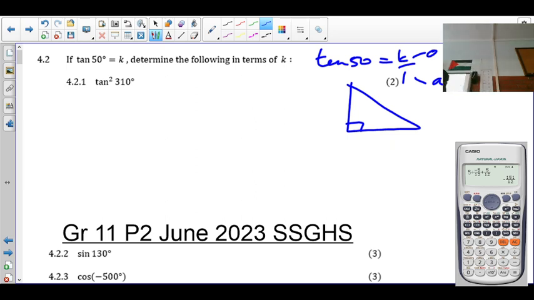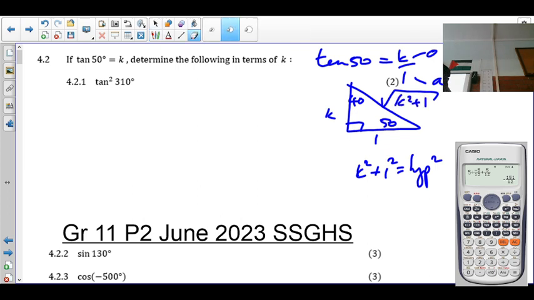Of course, 40 lies there. So if you got an angle of 40, we can use that side as well. Tan is opposite over adjacent. So what do I do? I apply Pythagoras. I then say k squared plus 1 squared is equal to your hypotenuse side squared. Which indeed is going to give you the square root of k squared plus 1. You can't take the square root of that because of the plus between.